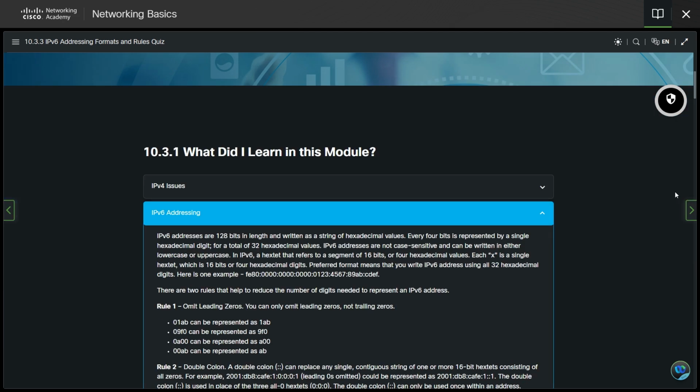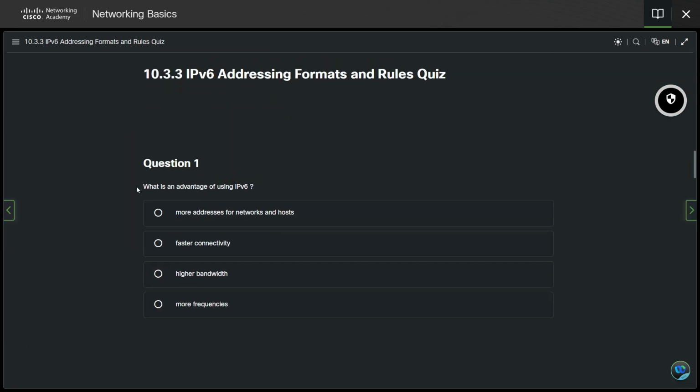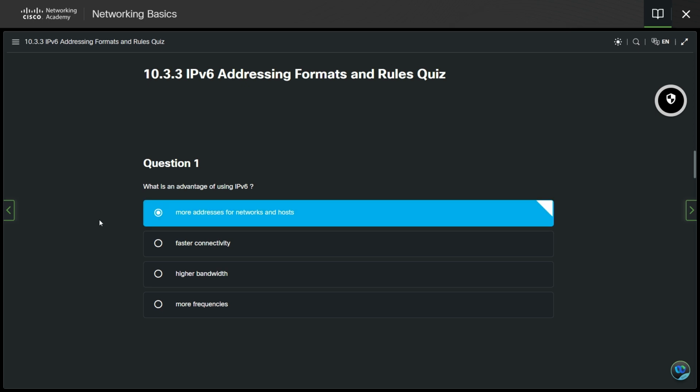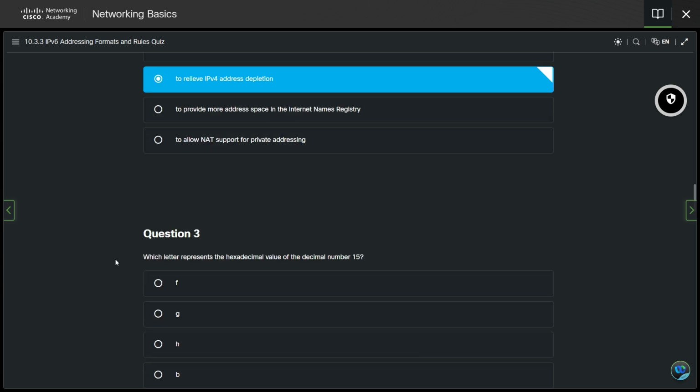And reset. What is an advantage of using IPv6, more addresses for networks and hosts? What was the reason for the creation of IPv6: to allow NAT support for private addressing, to make reading 32-bit addresses easier, to relieve IPv4 address depletion?